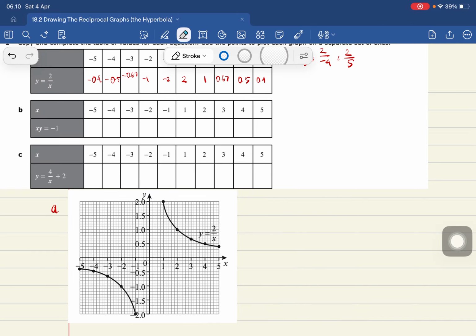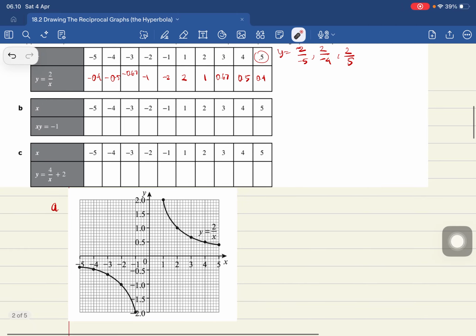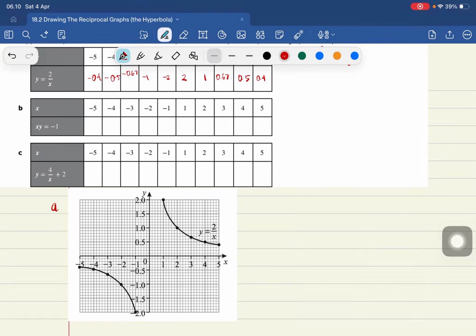Then when x equals 1, y equals 2, and when x equals 2, y equals 1, and then just go on. There is no point at 0, since we cannot do 2 divided by 0, which is undefined, so the graph will not meet the axis.